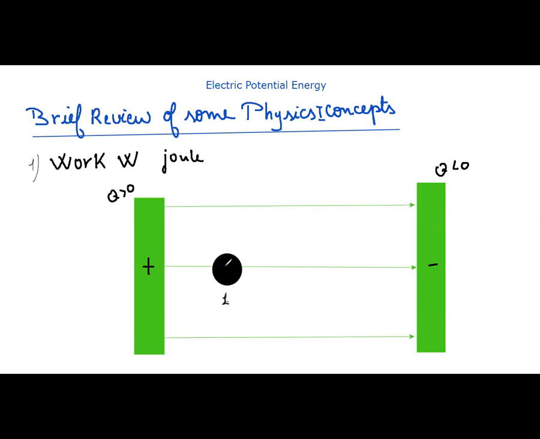This charge is positive. So here we will get an electric force applied on Q. This F must be in this direction. You know, in general, Fe equals Q times E. If Q is positive, Fe and E have the same direction.